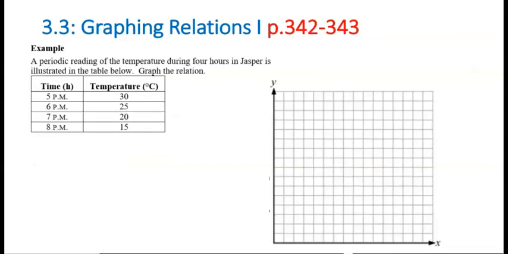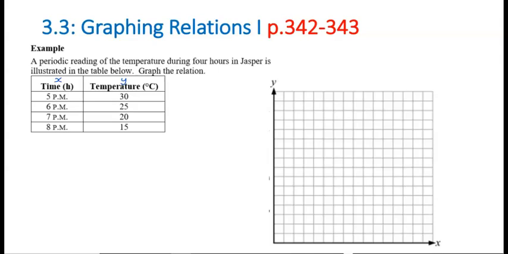Now you can give graphing a try by using this table of values up on the top of page 342. So this is a recording of temperature during 4 hours in Jasper. And so you can make your plotted points. Time is influencing temperature.